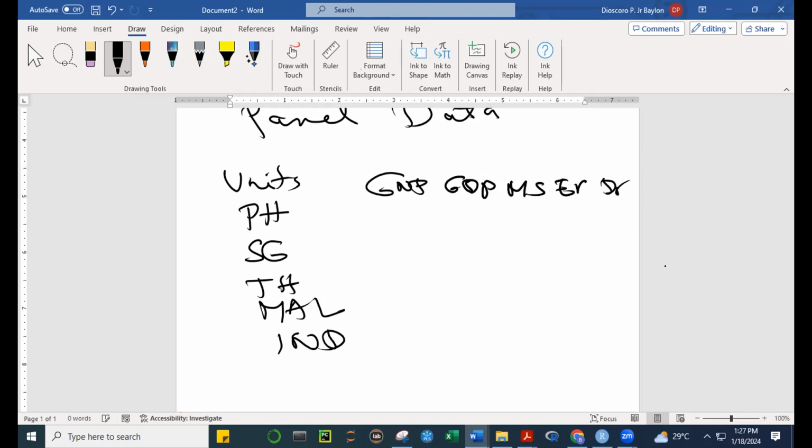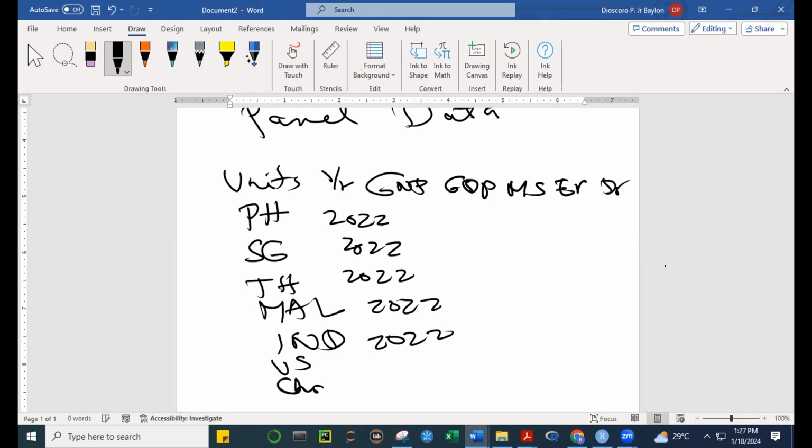And then the year 2022 for each of them. O dagdagan pa natin, sabihin natin kasama US, China, Australia, UK, France, etc. So what type of data is this? This is called cross-sectional data.